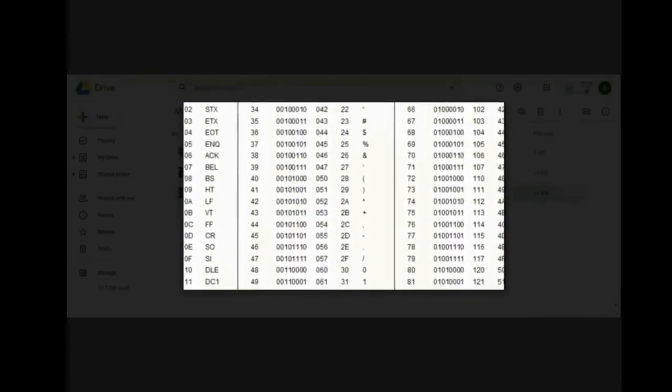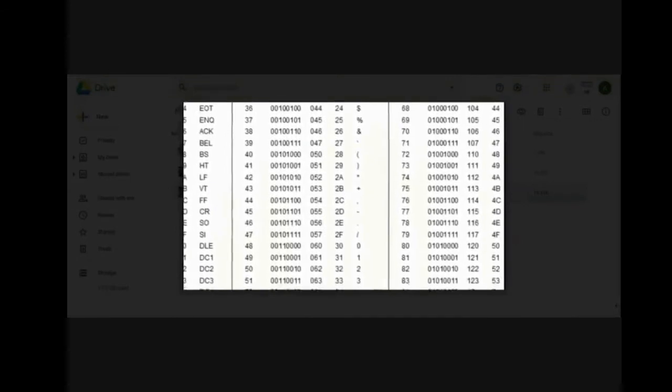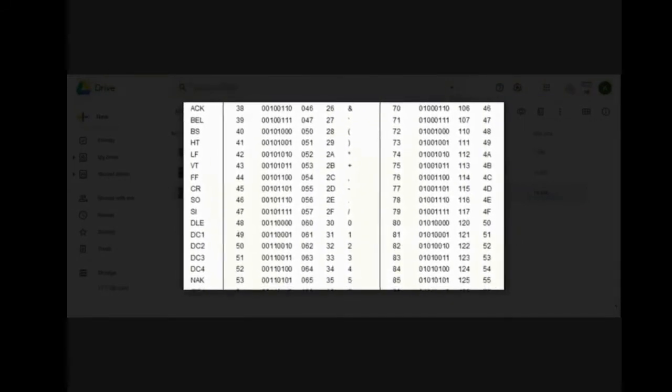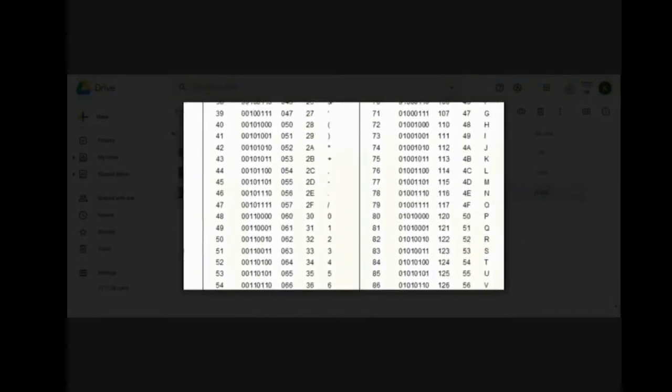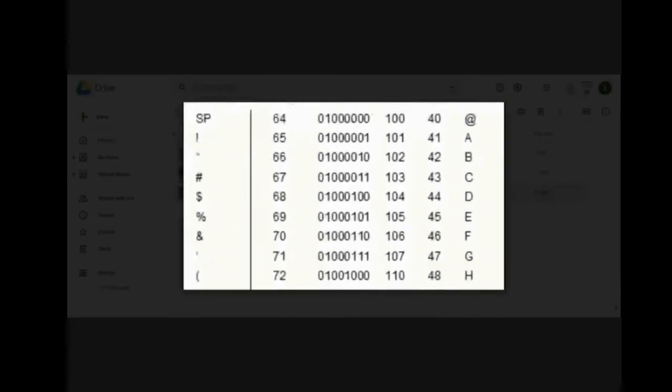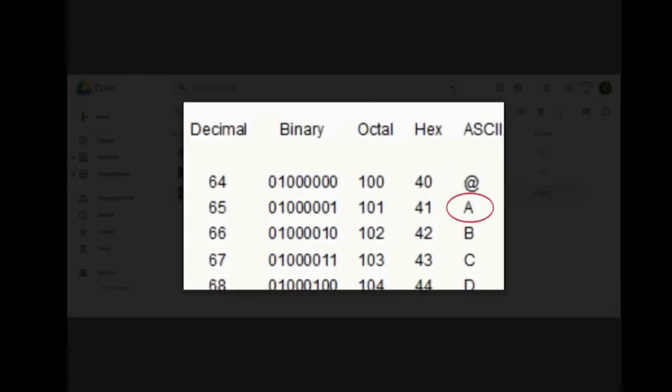ASCII had 255 letters and symbols to choose from, more than enough for the entire alphabet, punctuation marks, and other symbols. For example, the corresponding ASCII number for an uppercase A is 65. Now, 65 in base 10 is equal to 1,000,001 in binary.